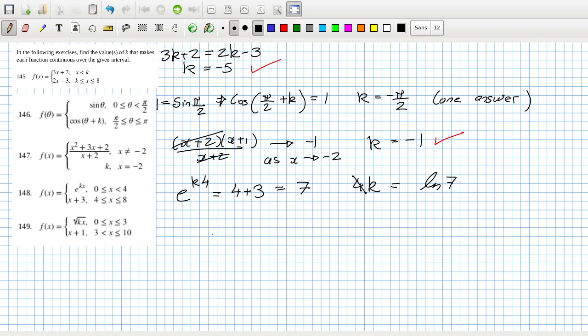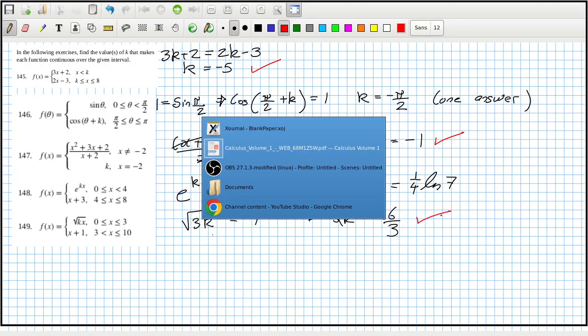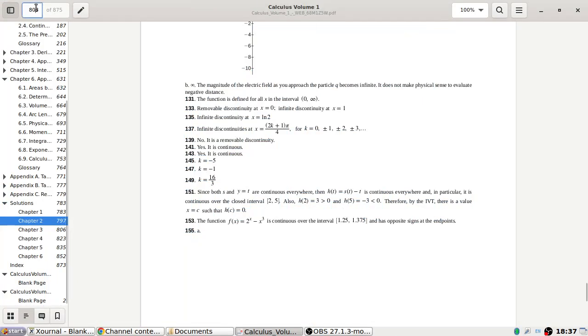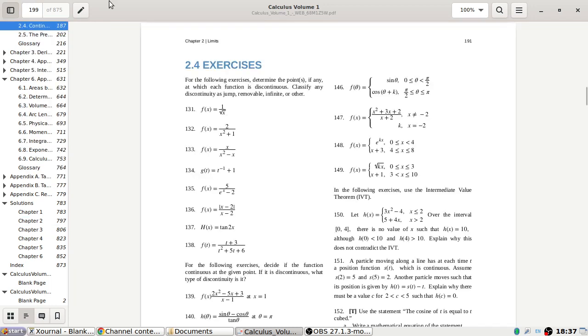So that means k has to be 1/4 natural log 7. And finally here on the transition, 3k will have to equal 3 plus 1, which is 4, which means 3k has to equal 16. So k has to equal 16 over 3, which is also correct. Wonderful. Okay, that's that batch done.